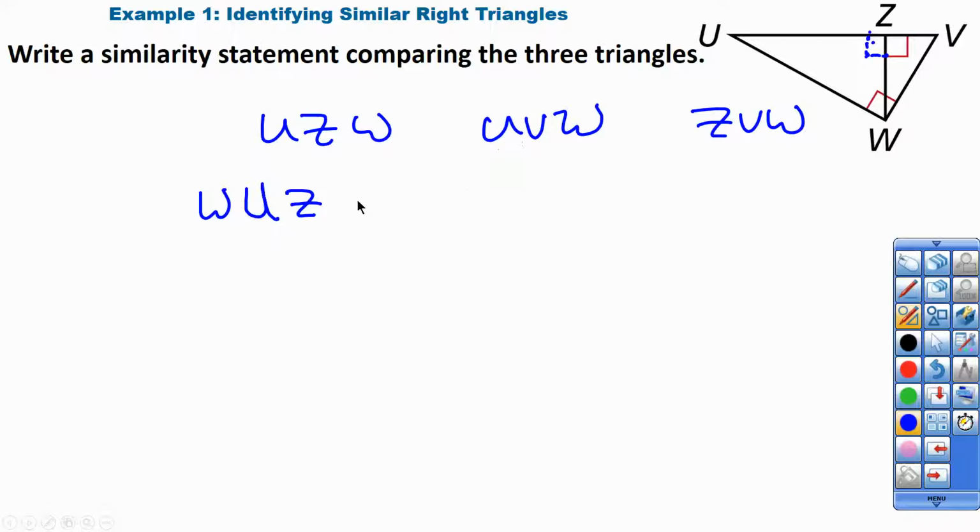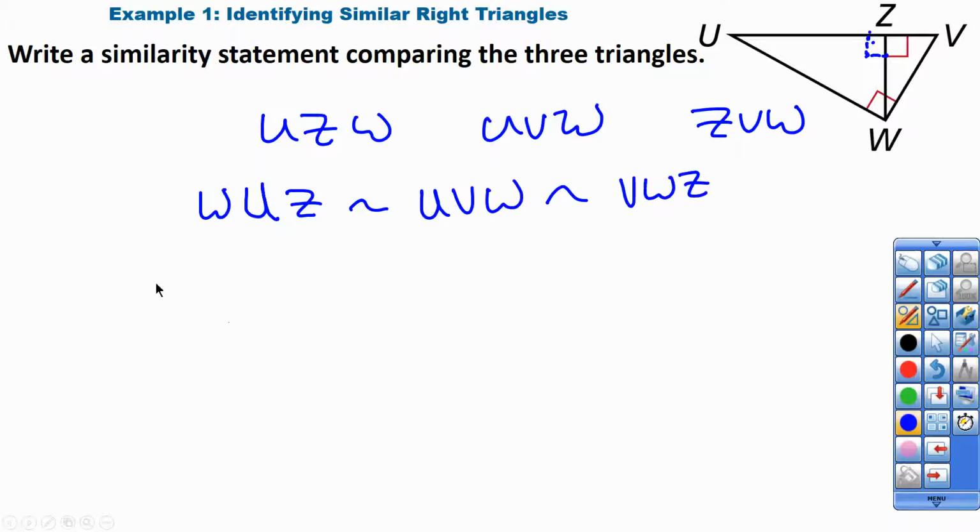And we're going to do that same thing here. Is similar to, we're going to do the next one. The hypotenuse is UV, W, and then that is going to be similar to the ZVW we're looking at right here, and we want to make sure we take the hypotenuse first and work our way to, so VWZ.